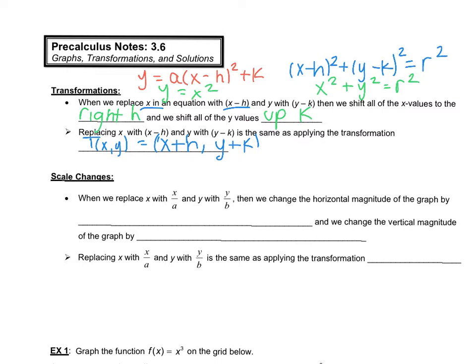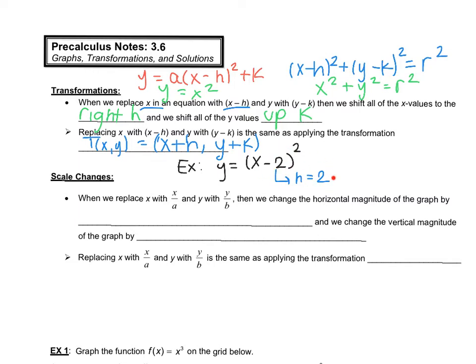So let me give you a quick example, because sometimes this is the confusing part. So if I had the equation for a parabola, y equals, let's just do x minus 2 squared. So let's just say that was my parabola. Then this tells me that h is positive 2, right? Because it's x minus 2. So h itself is 2.